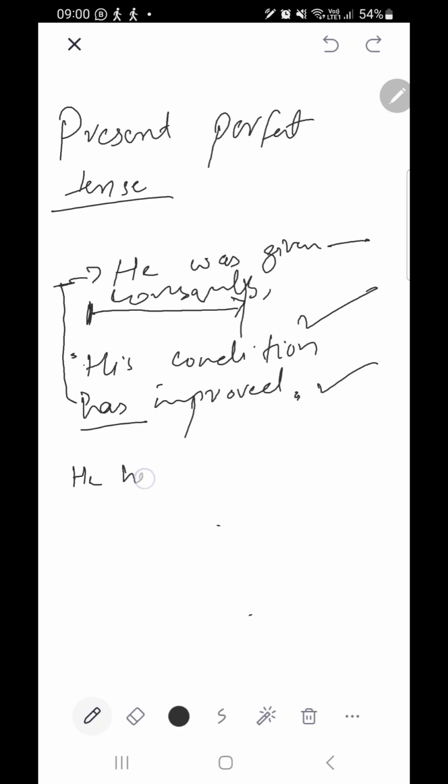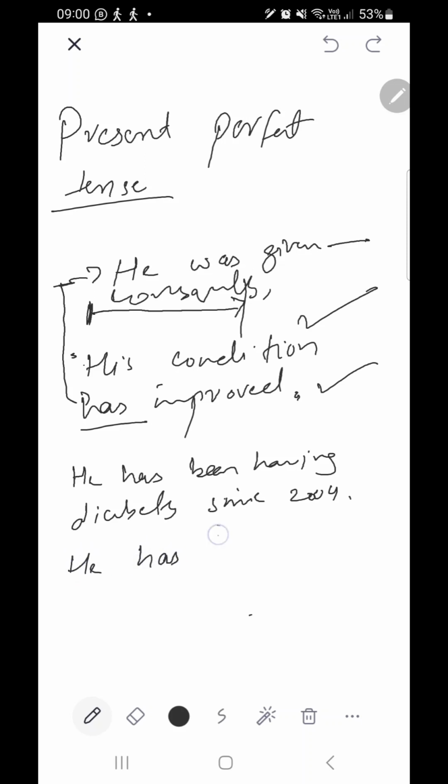Okay, and it's a progressive condition. He has been, let's say, having diabetes since 2004, or he has had diabetes since 2004. Both are right, right?